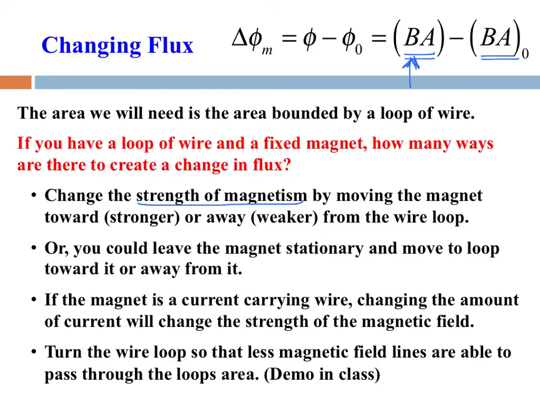If the magnet is a current-carrying wire, changing the amount of current will change the strength of the magnetic field. Again, still changing B. But you can also change the area. And by that, if you turn a wire loop so that less magnetic field is able to pass through it, then you're changing the area, therefore changing the flux.